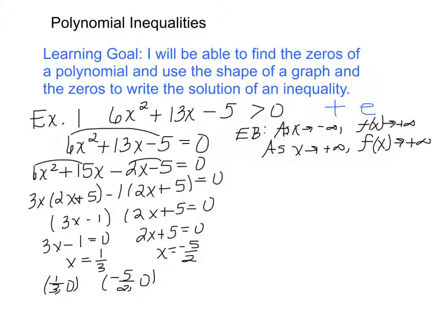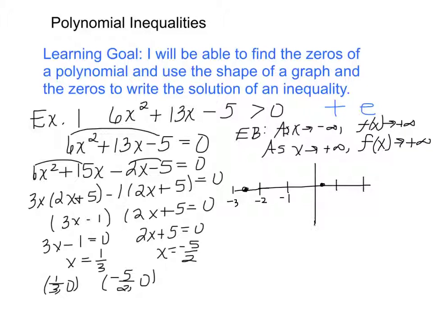Okay? So when we graph it, here's 1/3, 0, and here's negative 5/2, 0.